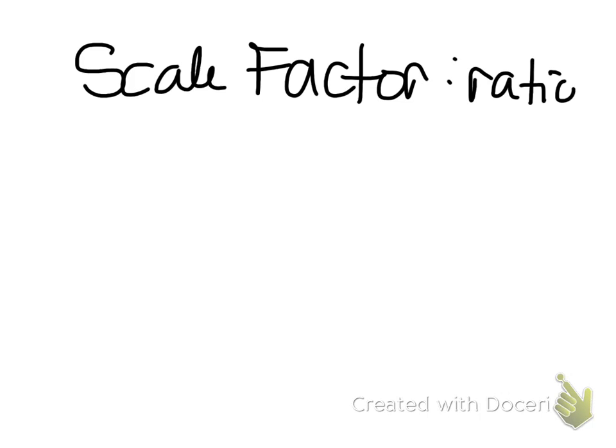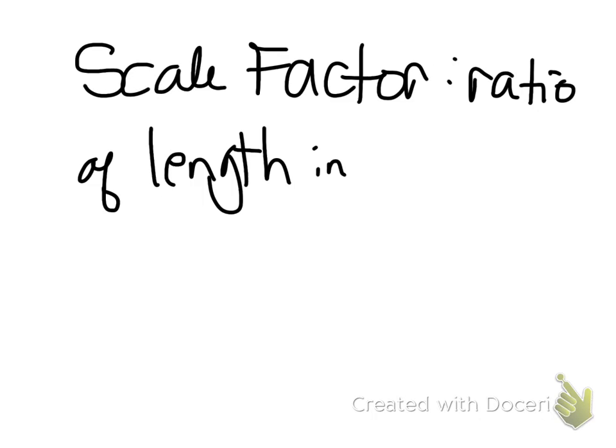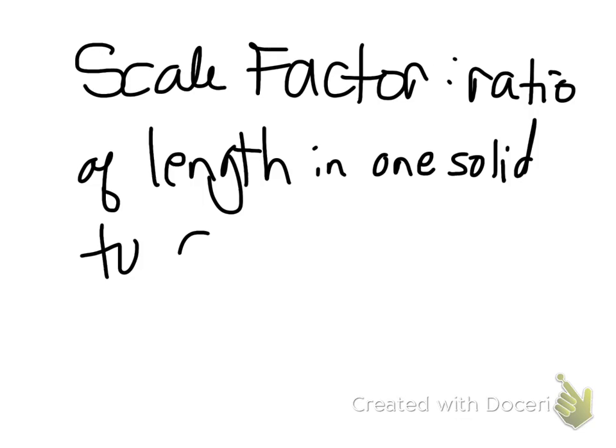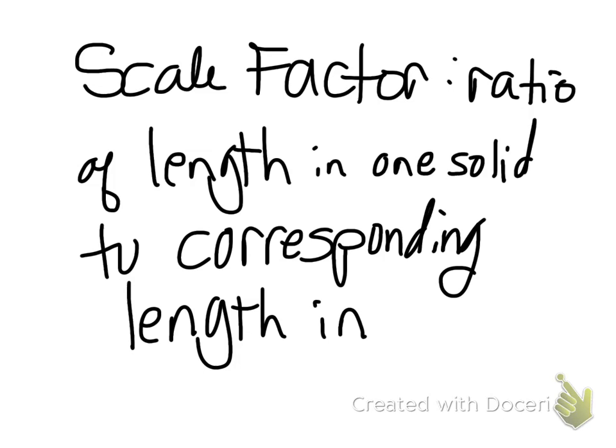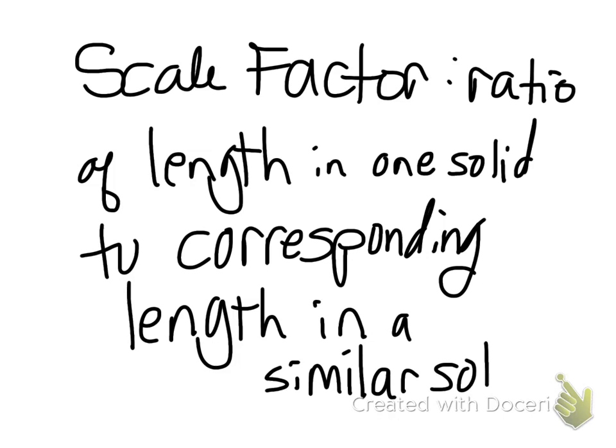It's a ratio of the length in one solid to the corresponding length in a similar solid. Alright, we're going to do an example showing what this scale factor is, and then we're going to talk about using the scale factor.